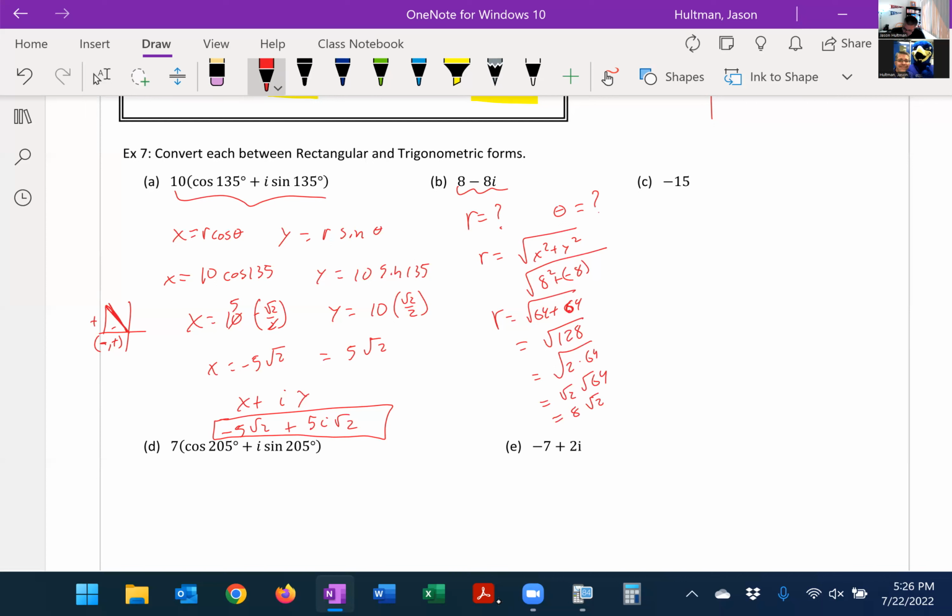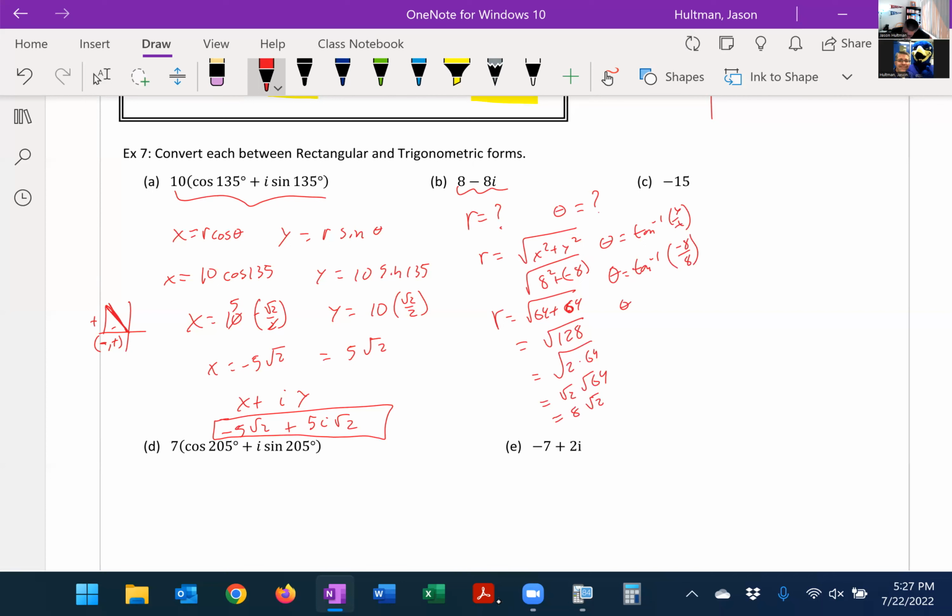What about theta? What's theta going to be? Theta is going to be the inverse tangent of y over x. So theta is equal to the inverse tangent of negative 8 over 8.